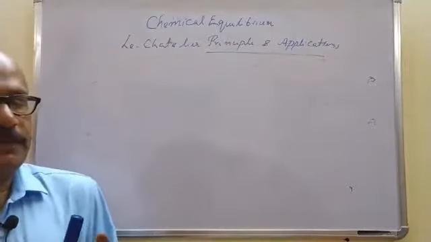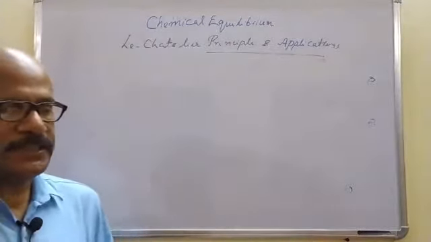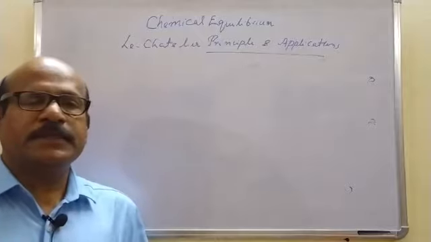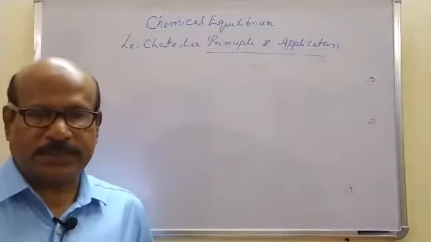In the case of equilibrium, we have two sides: the reactant side and the product side. You compare the number of moles on the left side and the right side. Consider any reversible reaction in which the number of moles of gaseous reactants is different from the number of moles of gaseous products.